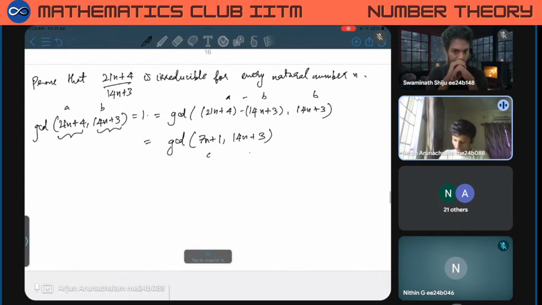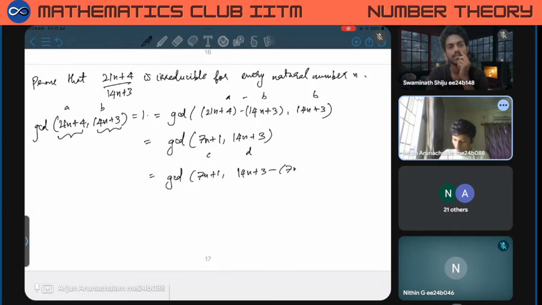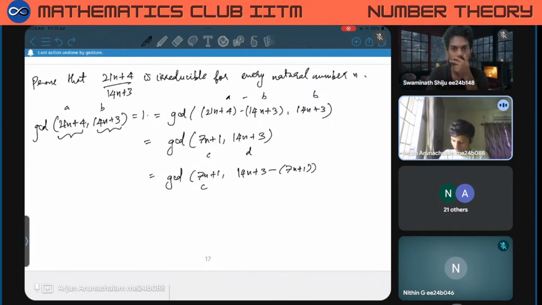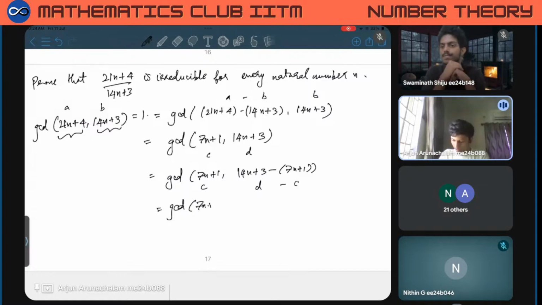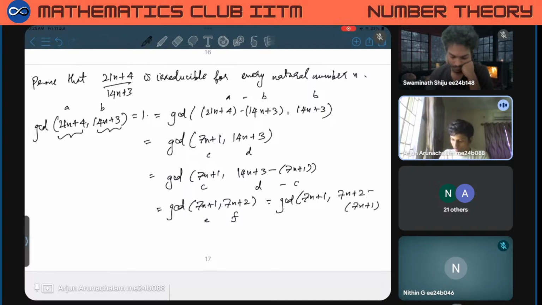Now assume this is some c and some d, right? So write GCD of 7n plus 1, 14n plus 3 minus 7n plus 1. So this is c and this is d minus c. You get GCD of 7n plus 1 and 7n plus 2. So let's say this is E and F. This is just GCD of 7n plus 1 and 7n plus 2 minus 7n plus 1.